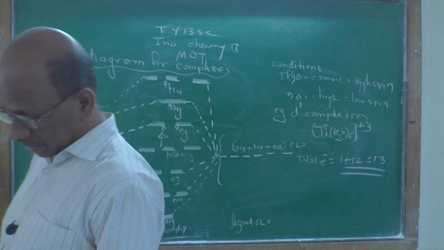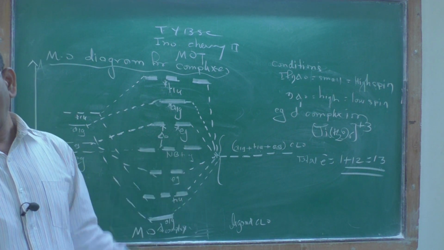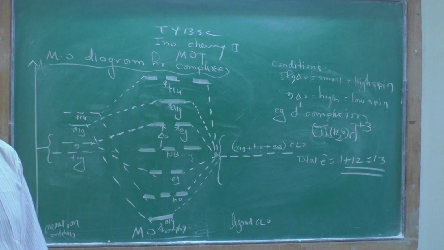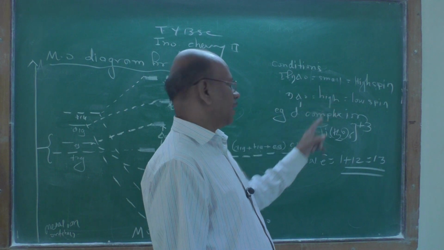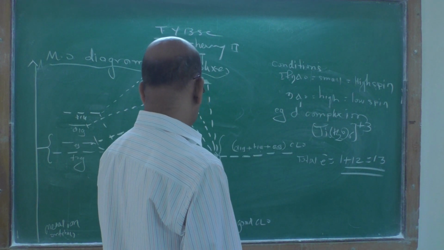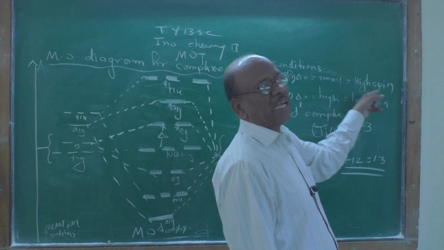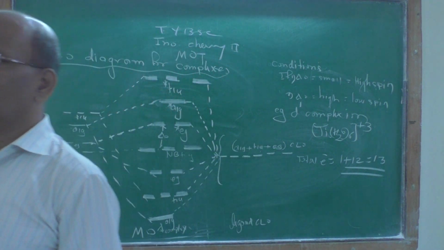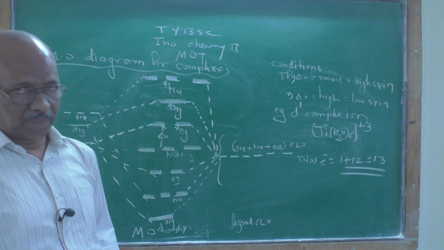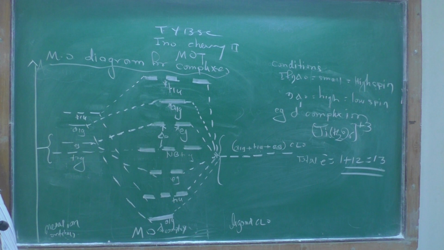The advantage is that if the delta O value is small, then electrons enter the Eg orbitals and it becomes a high spin complex. So depending upon the energy gap between non-bonding T2g and anti-bonding Eg orbitals, we can explain whether the complex is high spin or low spin.